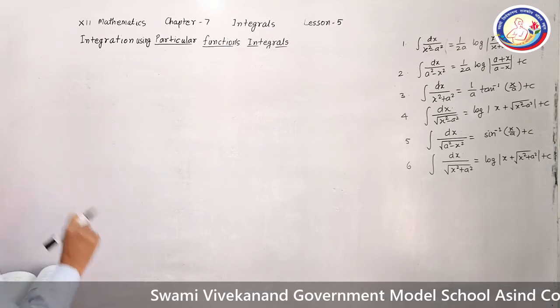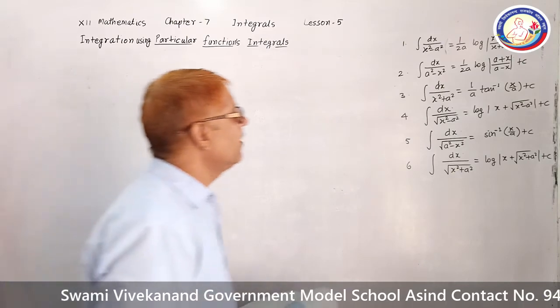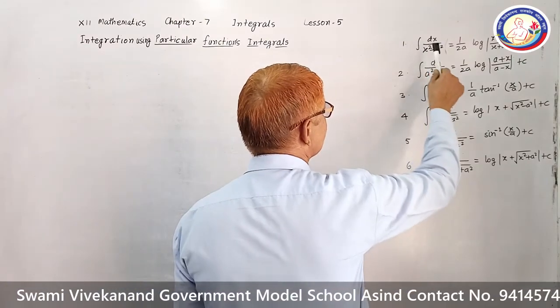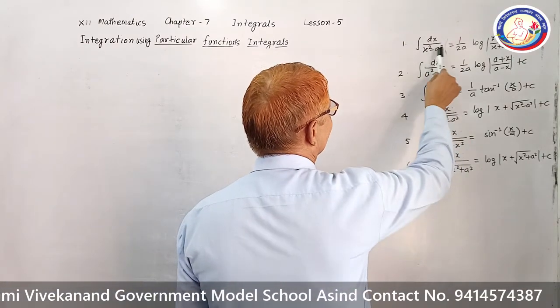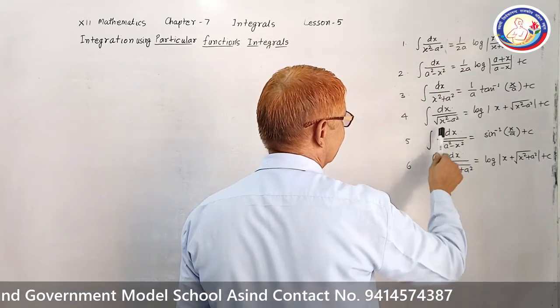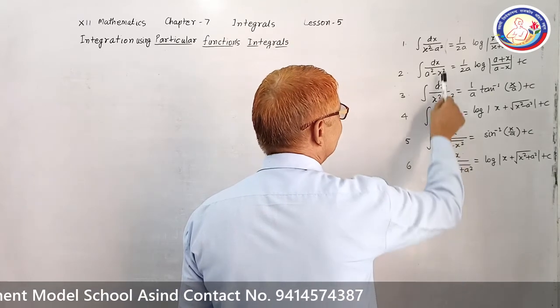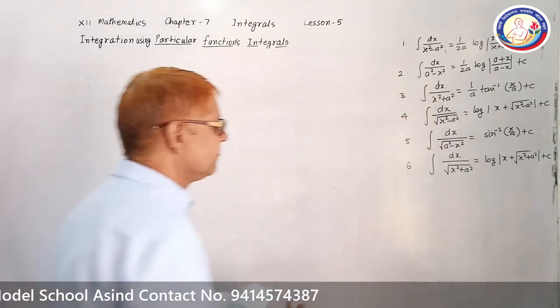If x square is positive with positive sign, the required form will be like x square plus a or x square minus a if there is no square root, and if there is square root, then x square minus a square or x square plus a square. These two will not be there.